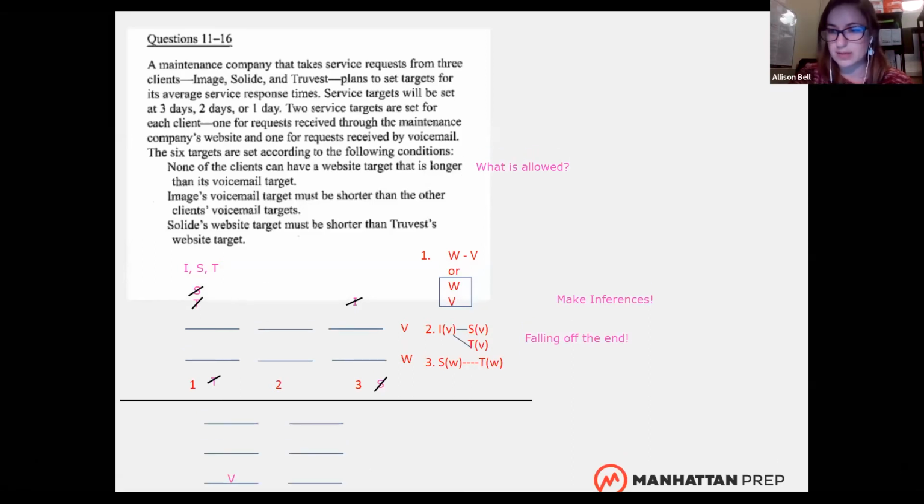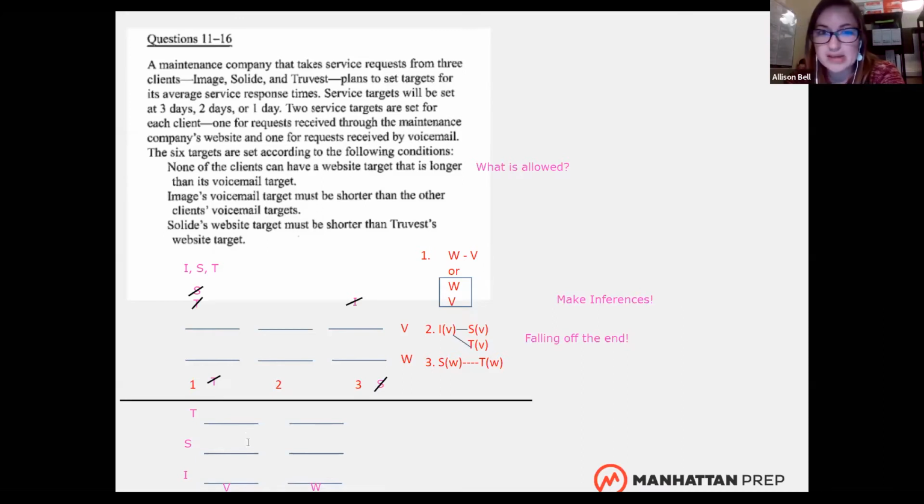Okay, so what I want to do is have one of these columns labeled with a V for voicemail, and then the other column is going to be labeled with a W for website. And I need to track the number of days for each company. So I'm going to put I, S, and T. And then what's going to go in these spaces is actually the number of days. So I'm going to be keeping track of that.